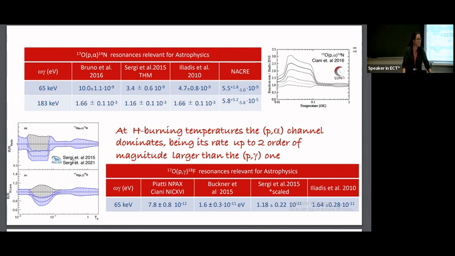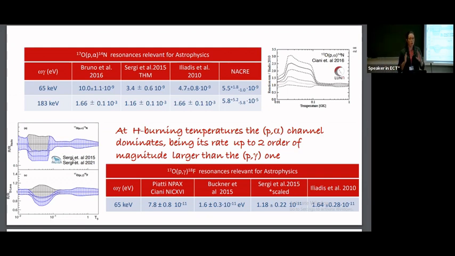It's something strange because usually it's the opposite, but we do not mind about that. But for the oxygen 17 P gamma, the strength of the resonance at 65 keV for this channel has been directly determined, maybe just once, that is the one here, the estimation reported by LUNA. In the other case, it has been computed or determined by indirect techniques.